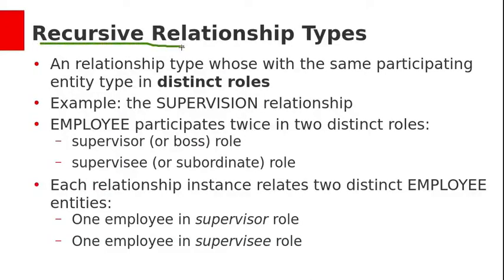Recursive relationship types. An entity will participate in a relationship with itself. Such kinds of relationships are called recursive relationships, in different roles. If you take a supervision relationship, the employee entity type participates twice in two distinct roles, one as a supervisor role, another one as a supervisee role.